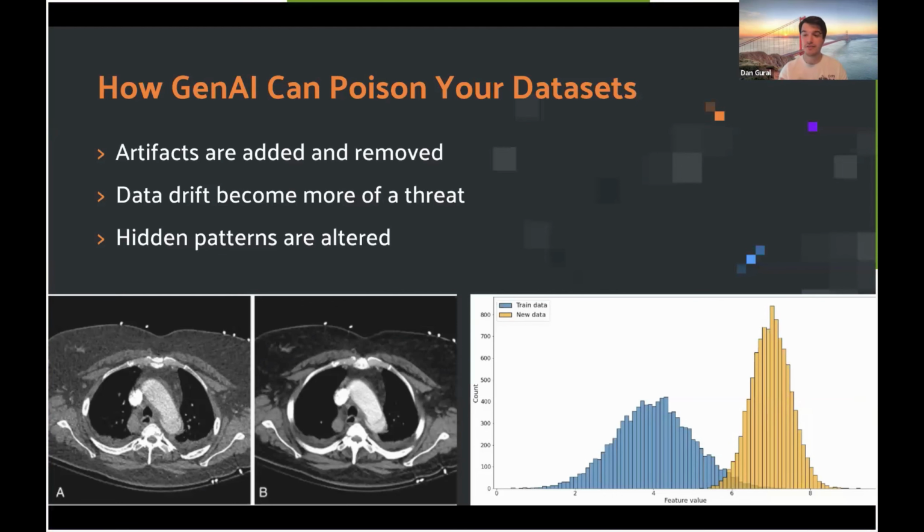By adding new synthetic data, if you're drifting your data set distribution towards more synthetic data, it no longer matches the distribution or the features of your existing data. Then you're altering the hidden patterns and not ultimately helping your model train. You're only hurting it, as it's going to start overfitting or skewing towards synthetic data, which we're not going to see in the real world. So we want to make sure that the synthetic data we generate always matches the real world distribution as closely as possible. This is a problem I've been tracking over the last 2 or 3 years, and it still plays out the same today as it did 2 years ago.